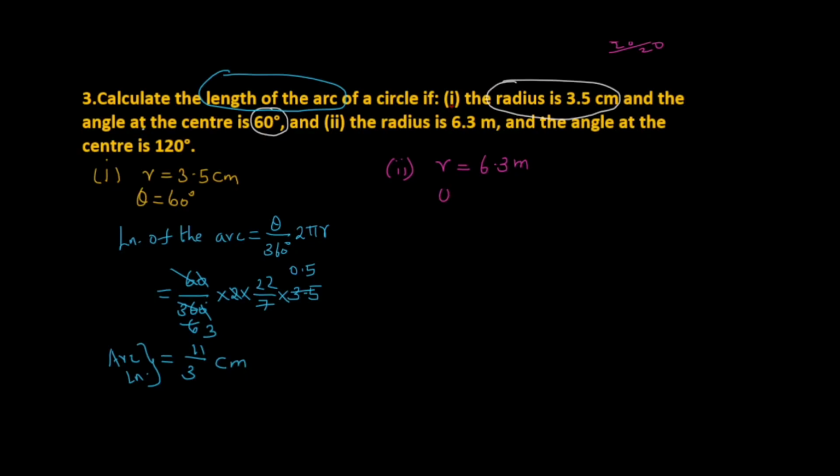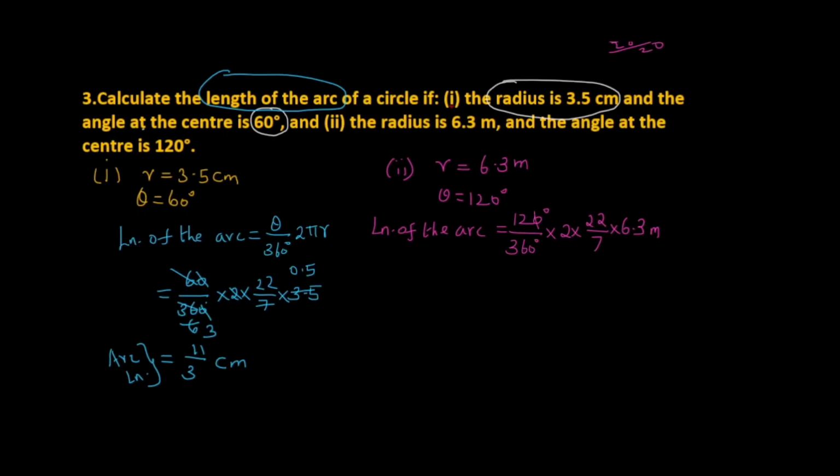So angle theta is nothing but 120 degrees. Now the length of the arc is equal to 120 degrees divided by 360 degrees into 2 into 22 by 7 into 6.3 meters.